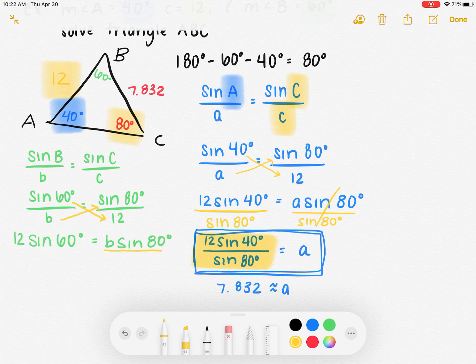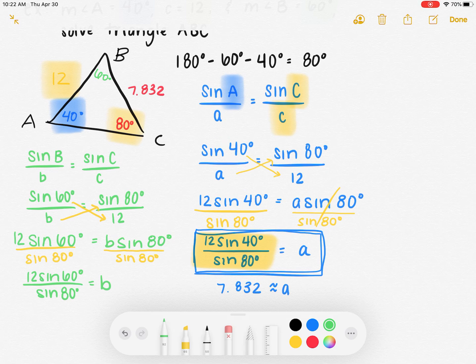Then I'm going to divide by sine of 80 to get B by itself. So I would have 12 sine of 60 over sine of 80 equals B.